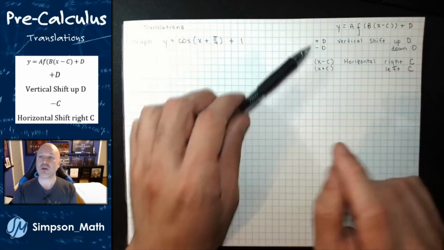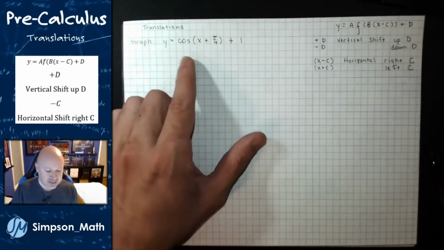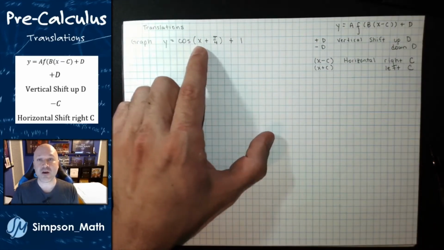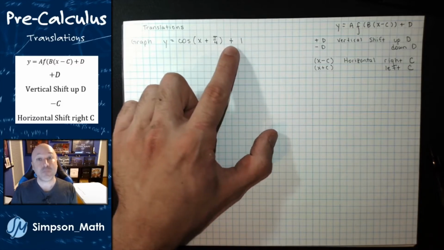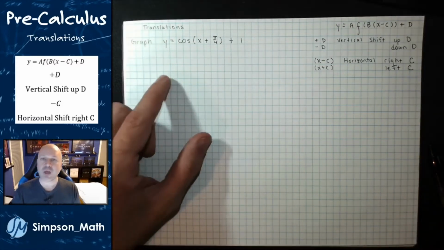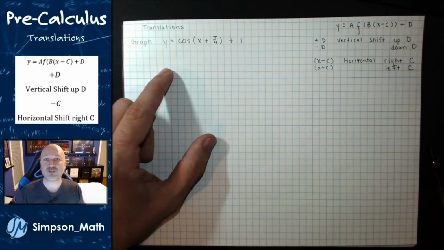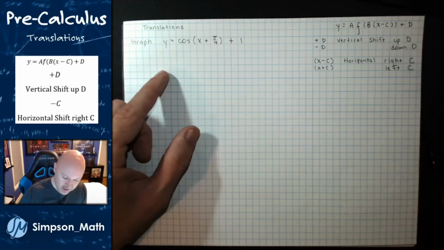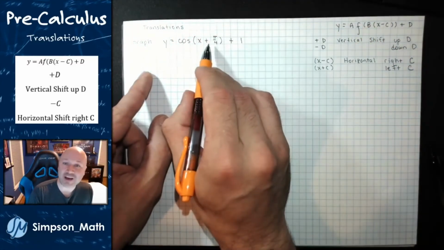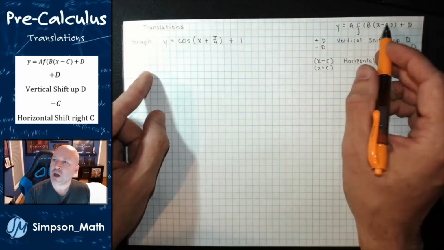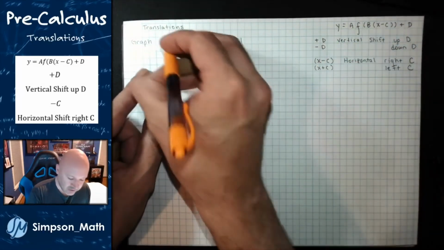So I've been given the task of graphing cosine of x plus pi fourths plus 1. First, I'm going to identify my transformations. I have a c value of a negative pi fourths.